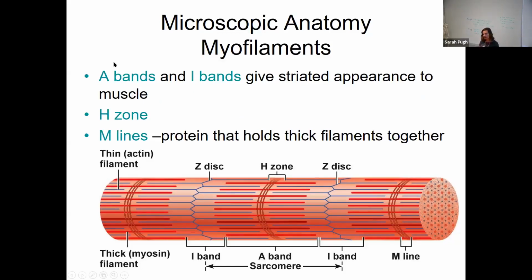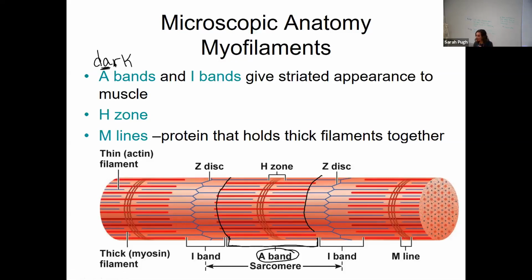A couple of other structures that we see within this pattern. We have what are called A bands and I bands. An A band is from here to here. Okay, so you can see it right here. Here's our A band. I remember A because I think of the word dark, and dark has an A in it.